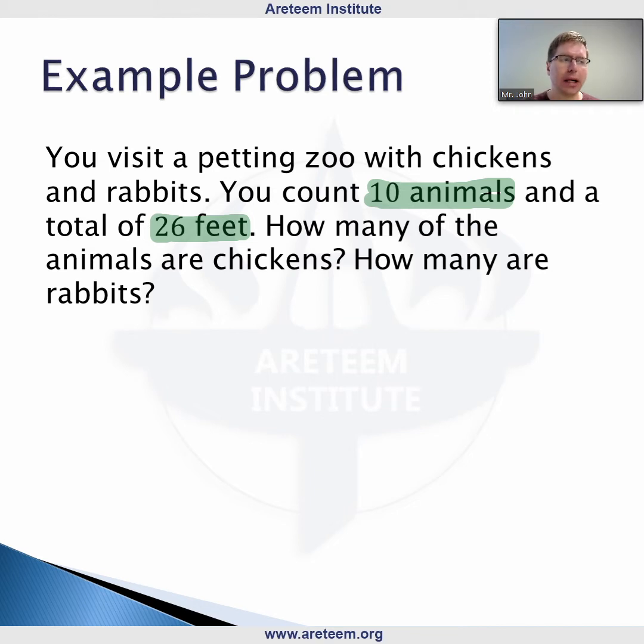Now I want to point out at the beginning that this is definitely a problem you can do with algebra, right? Systems of equations. So if you want to write out equations like x plus y is 10, with x chickens and y rabbits, then the total number of feet is 2x plus 4y is 26.